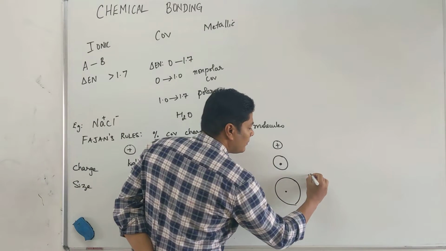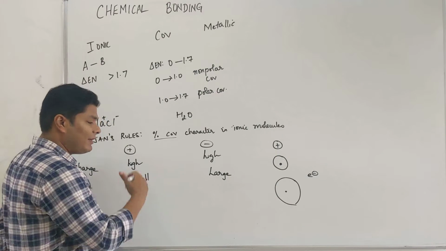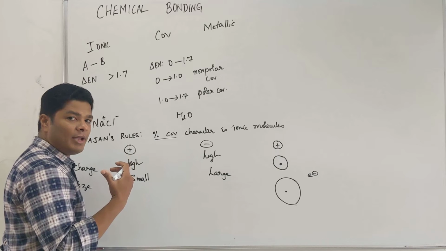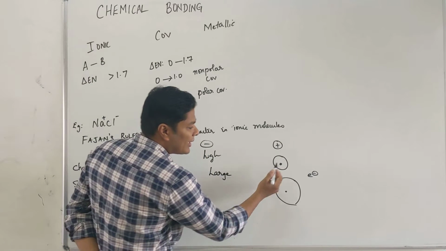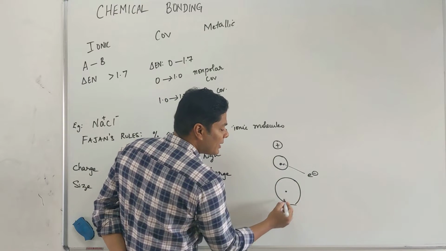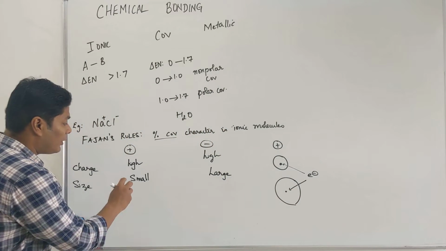There is an electron that these guys have given out. They have given it out, but they want it back, meaning instead of being ionic, they say let's share it back, that is covalent. Who can attract the electron better? Obviously the smaller size. This has a larger size, so the attraction is not that good. So you want a smaller size.